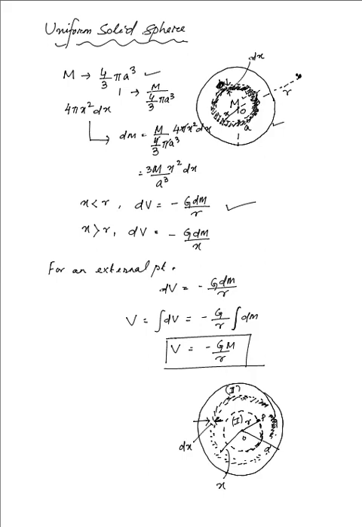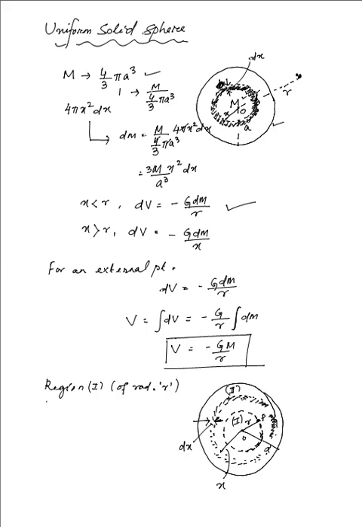We'll obtain the potential for region 1, of radius r, where r is the distance of the point from the center, at which we are to obtain the gravitational potential.